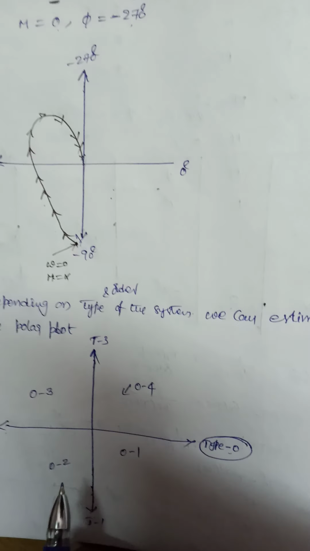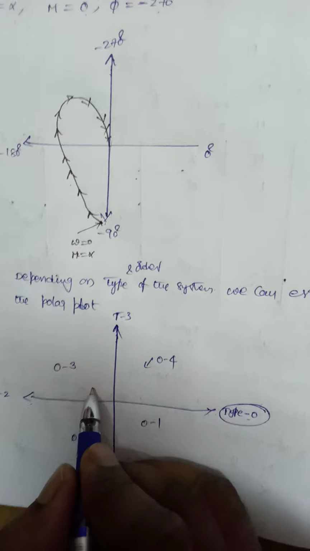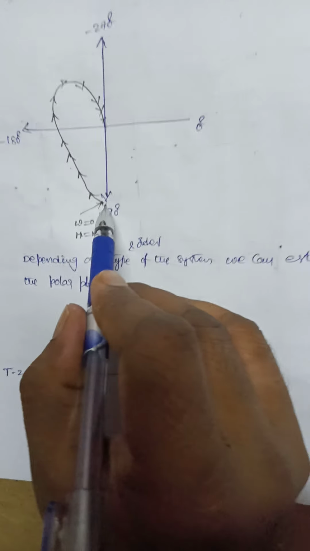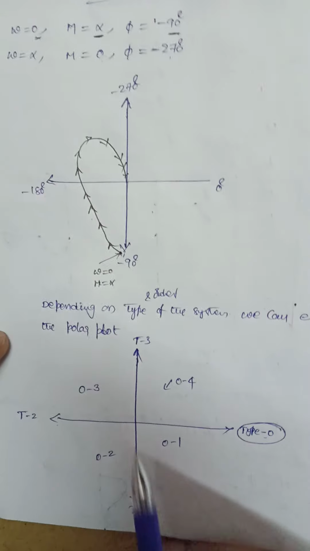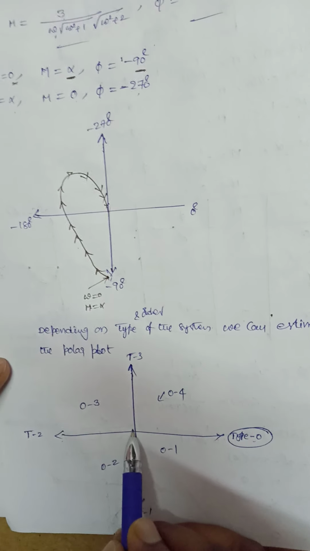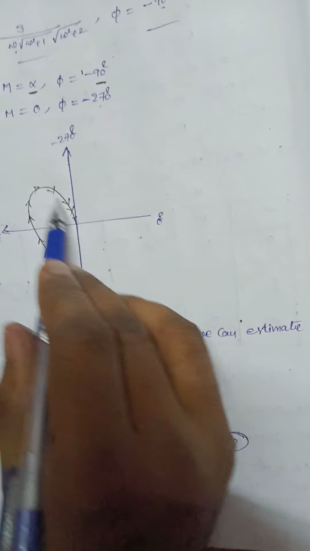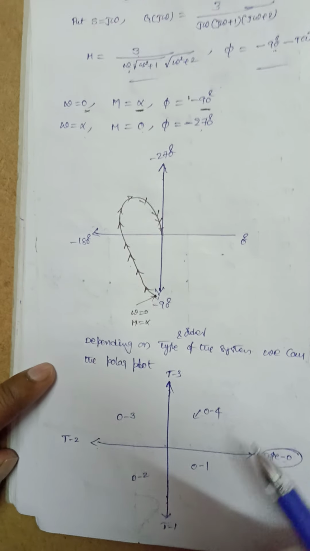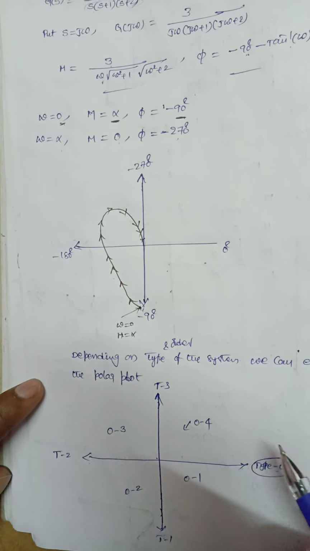Type 1 means it starts here itself, and order 3 it will end at order 3 like this, so that we can estimate the polar plots from the type and order of the systems.